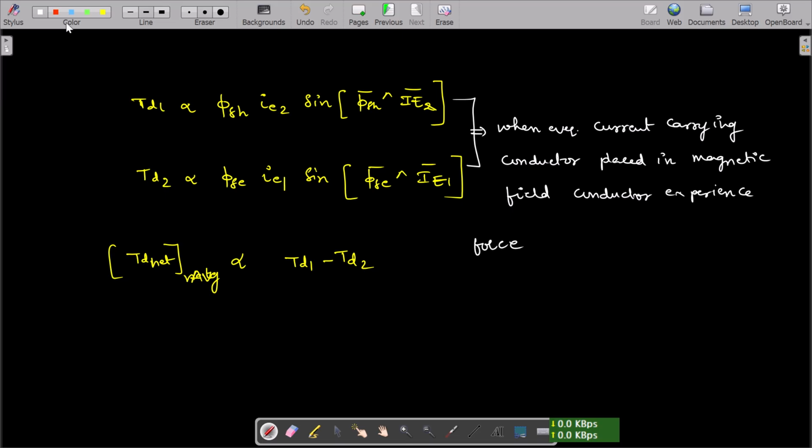Here in this case the conductor means the disk. Here the magnetic field is nothing but phi SH and phi SC, and these currents are nothing but IE1 and IE2. Okay, that is the thing. This is the basic working of the energy meter. Thank you.